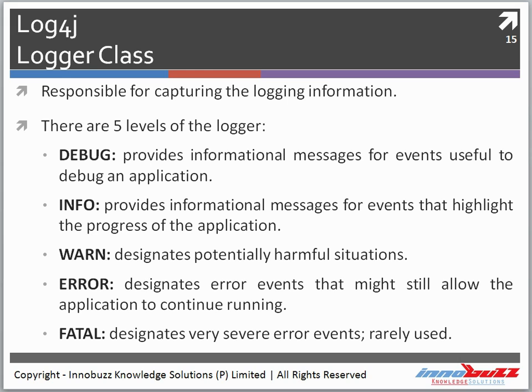Debug. The debug level is associated with minor and frequently occurring but otherwise normal events. Info. The info level is associated with significant events in the normal life cycle of the application.